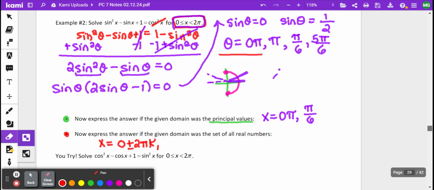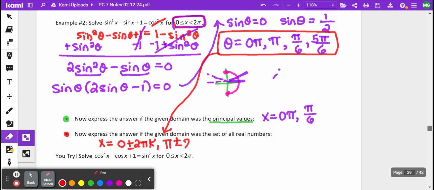I'm going back up to these, by the way. These are the ones we're using right now. So pi plus or minus 2 pi k, and you might have noticed there's an easier way to do these two, but we'll just leave it. Pi over 6 plus or minus 2 pi k, and then 5 pi over 6 plus or minus 2 pi k.